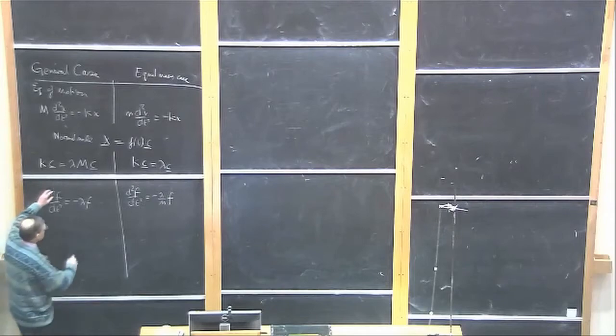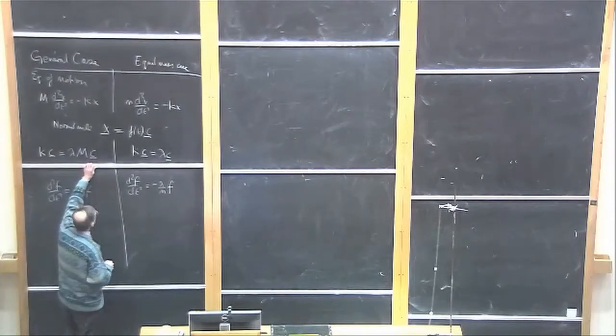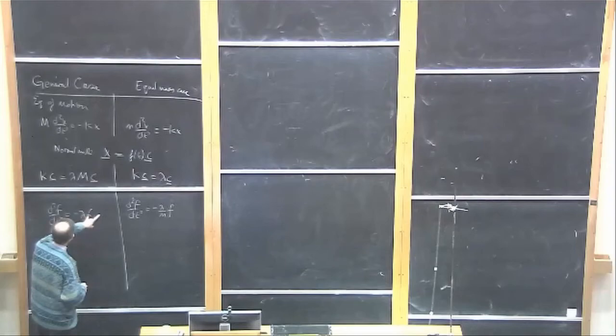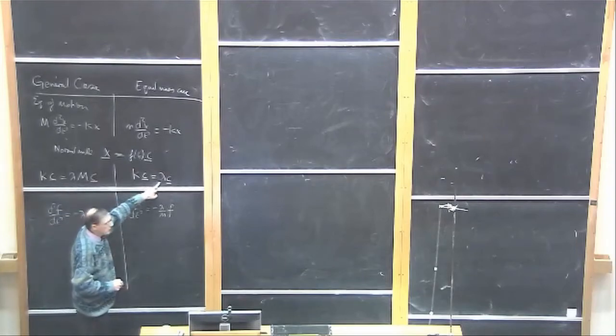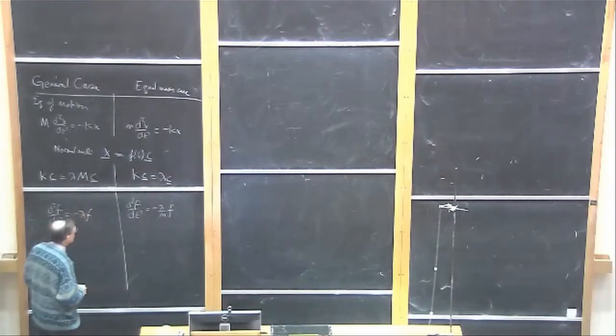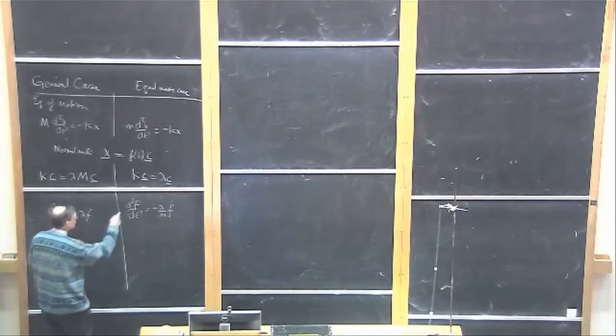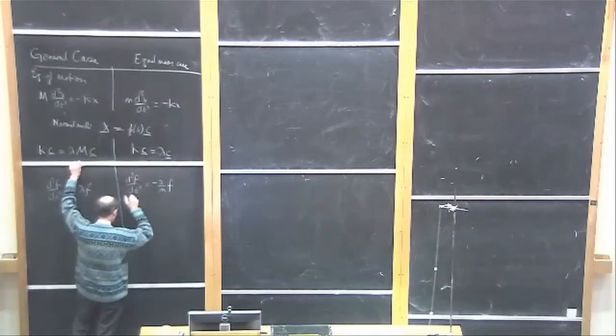I could have defined lambda differently at an earlier stage, and then this eigenvalue equation would have had a kind of non-standard format. But because I was doing that first, I wanted to keep that in its standard form.